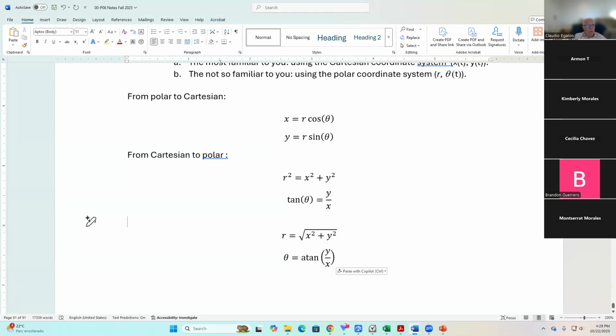And we are going to concentrate on this relation right here to find out how x and y change as time goes by.